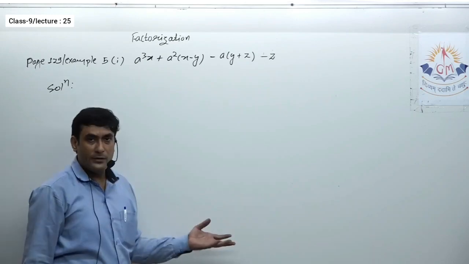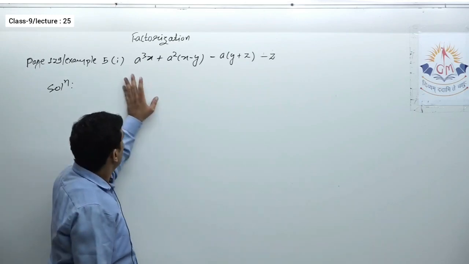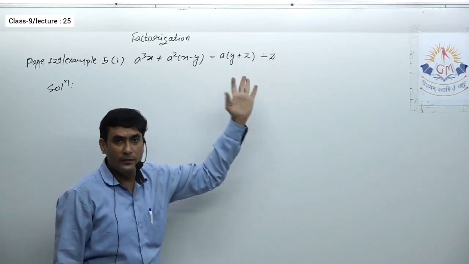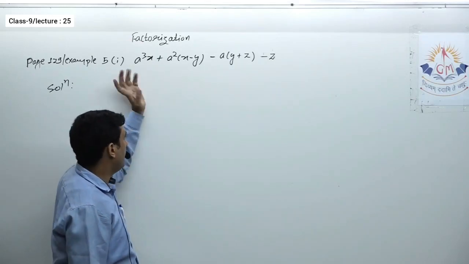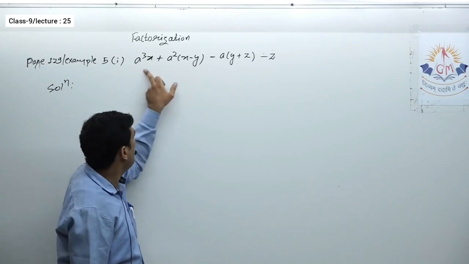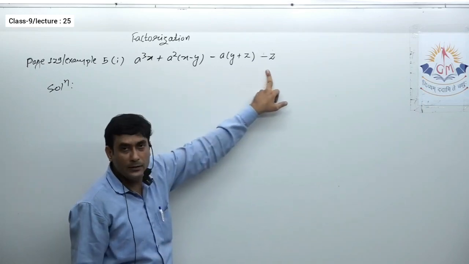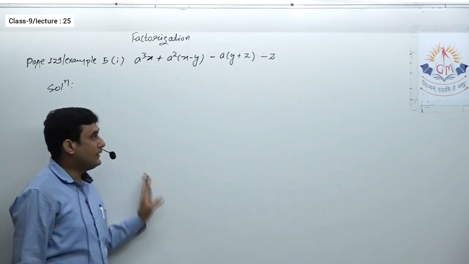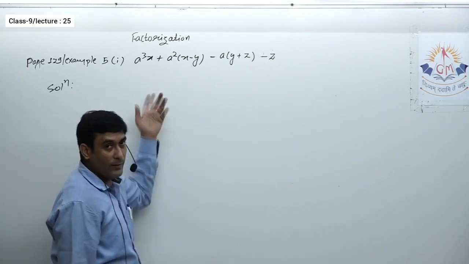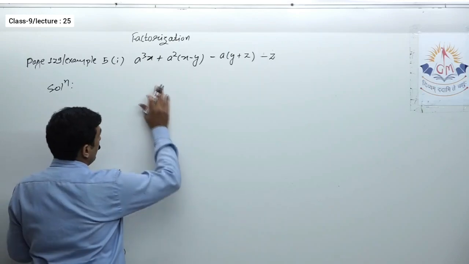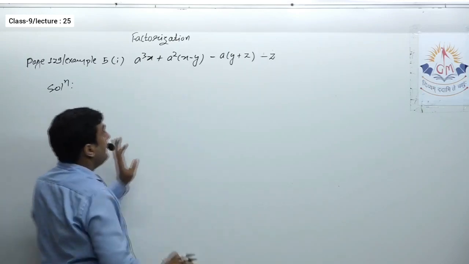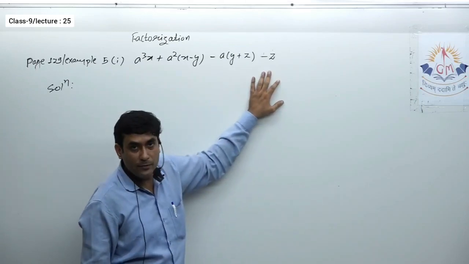So the very first thing that we always start with is to check whether there is anything common in all the given terms. No, nothing is common other than 1. These three terms have a, but the last term does not contain a. So we have to think of another method. If I take common from the first two and then from the next two, it is not possible.